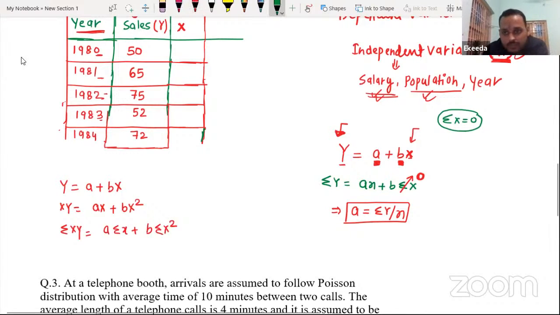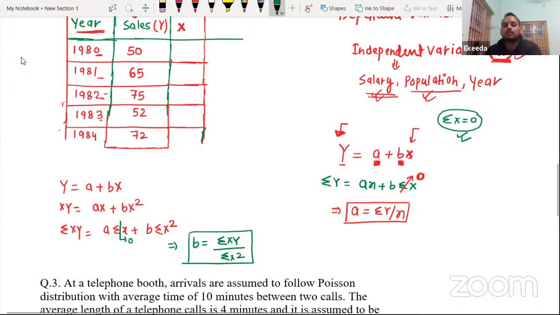Now summation x is 0, this is the concept of least square. So you will get the value of b, that is summation xy upon summation x square. So you can find the value of a and b with the help of these formulas.